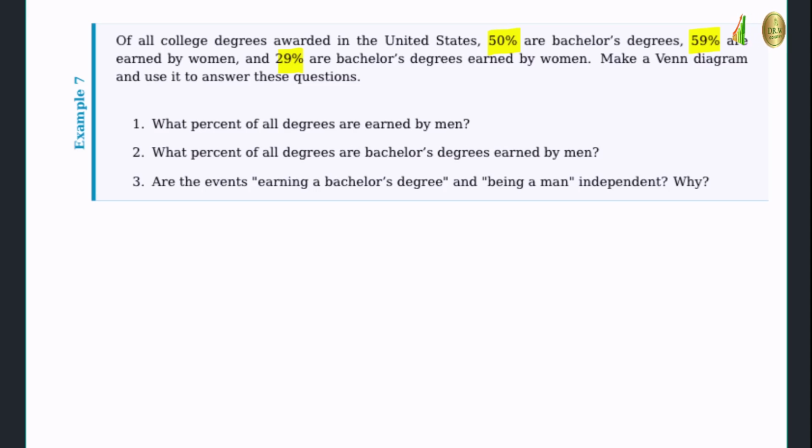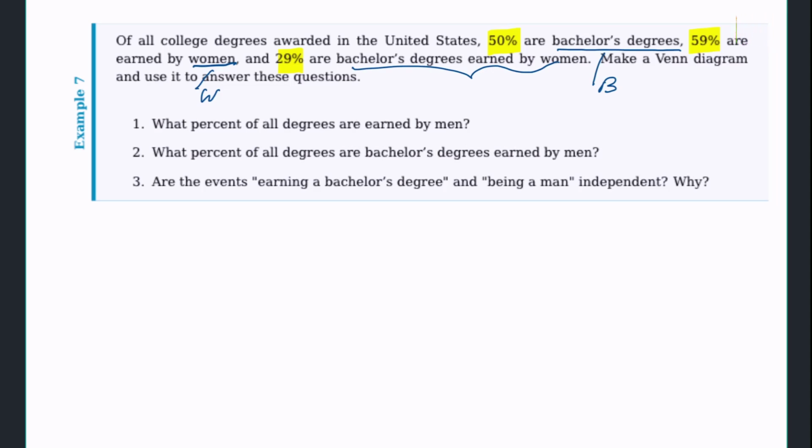First, it explains about the bachelor's degrees. So, I write down here B for that event. Then 59% are earned by women. I take this event W.